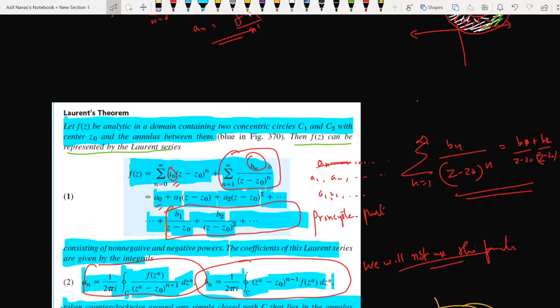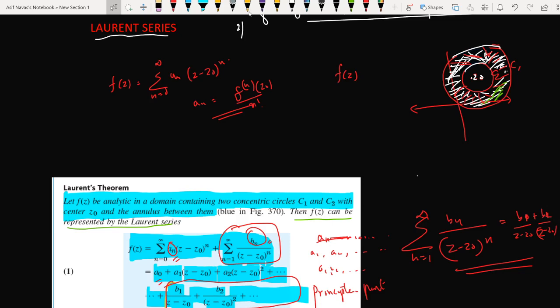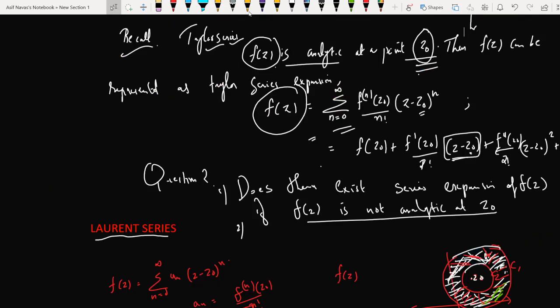So why do we define Laurent series? We want a Laurent series expansion of f of z with center z naught if f of z is not analytic, and second, we want a series representation of f of z outside the circle of convergence.